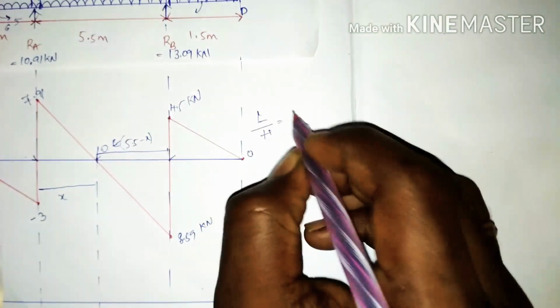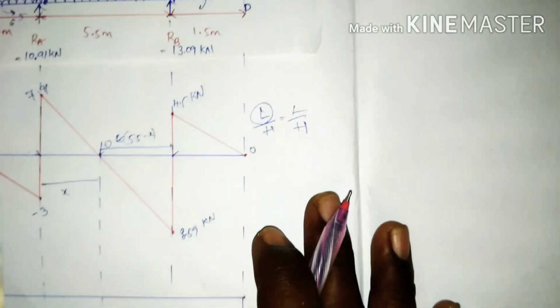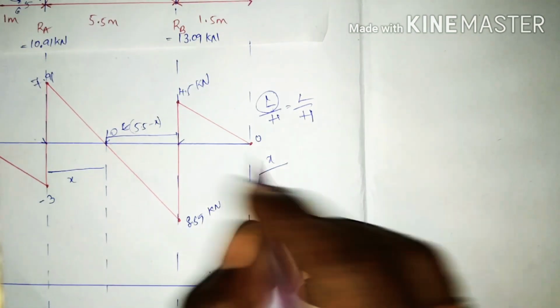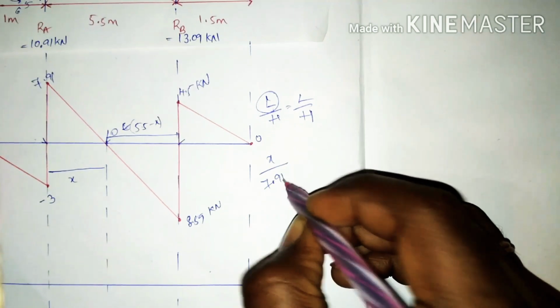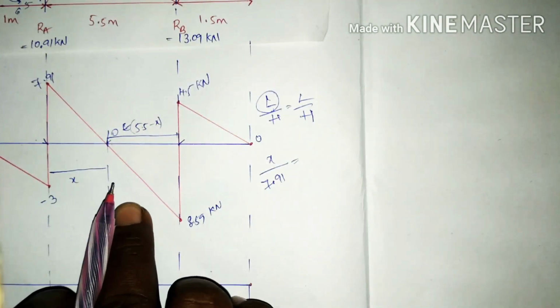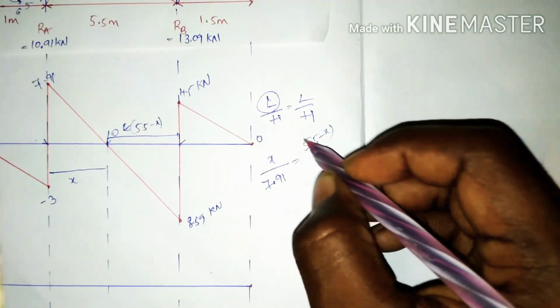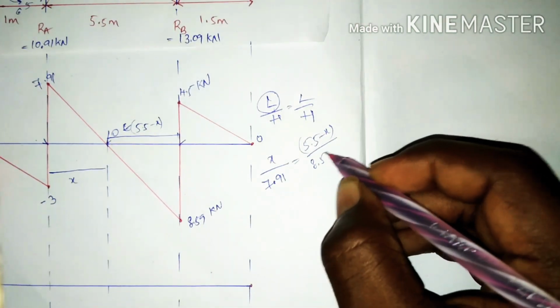Length by height is equal to length by height. Here we are having a length of x meters, that is x, and for the height of this triangle 7.91 is equal to, and the length of this triangle is 5.5 minus x, and the height of this triangle is 8.59.